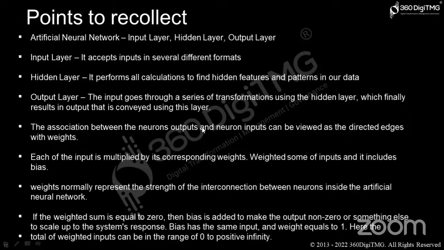The artificial neural network consists of three parts: the input layer, the hidden layer, and the output layer. There can be a number of hidden layers based on our requirement. The input layer accepts inputs in several different formats. The hidden layer performs all calculations to find hidden features and patterns in our data.